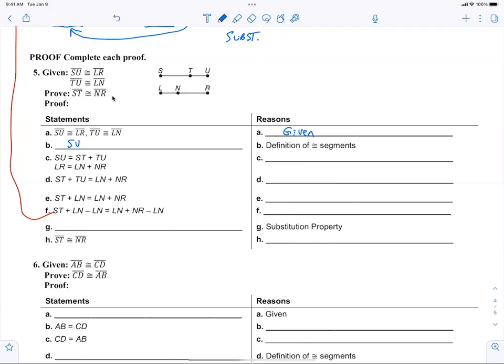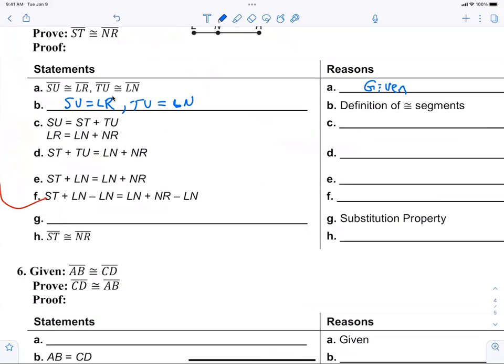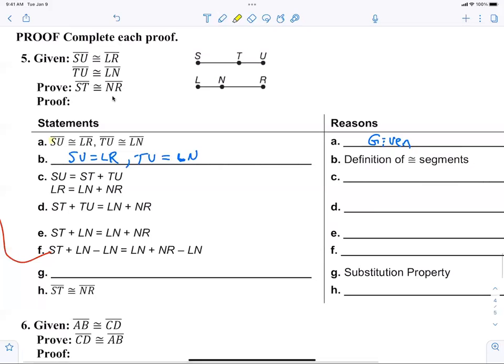Yes, I would just go ahead and say SU equals LR. And I would say TU is equal to LN. Now notice it seems like they're doing what I want to do, which is just list all the givens first.